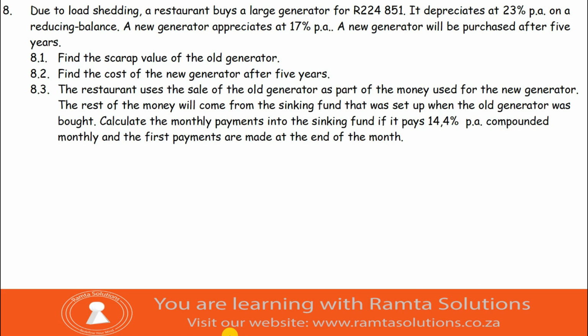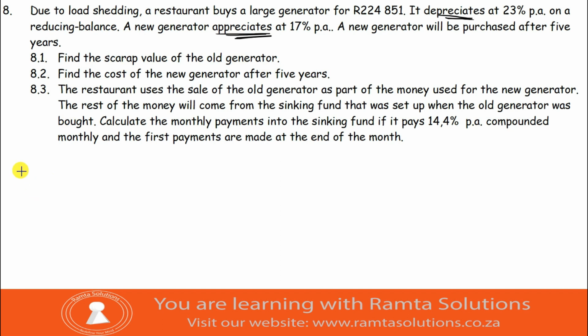It depreciates at, pay attention, 23% per annum on a reducing balance. The new generator appreciates at 17% per annum. A new generator will be purchased after 5 years. Now, find the scrap value of the old generator.